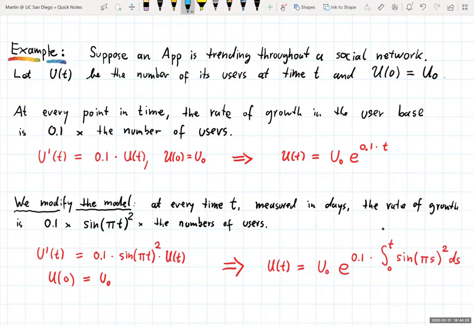So we know that u of 0 is equal to u naught. Let's suppose that at every point in time, the rate of growth of the user base of that app is the following, namely 0.1 times the current number of users. So if we translate this into a differential equation, then we've got u prime of t equal to 0.1 times u of t, and the initial condition is u of 0 equal to u naught.